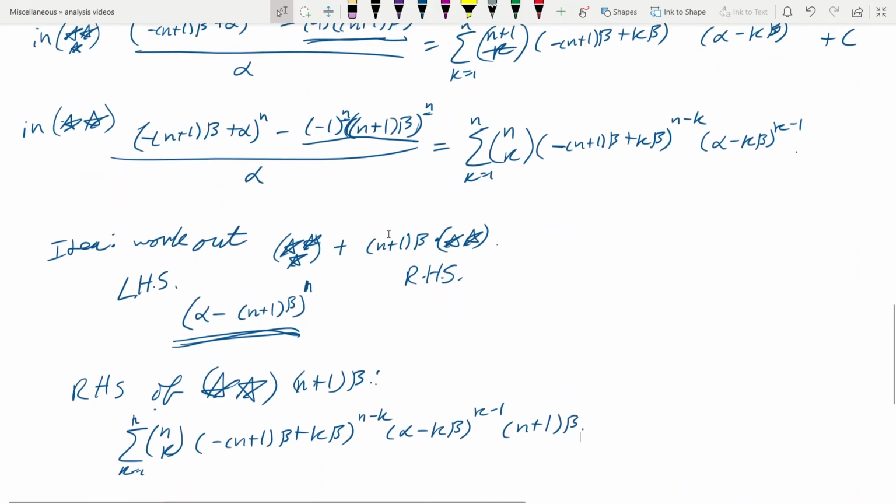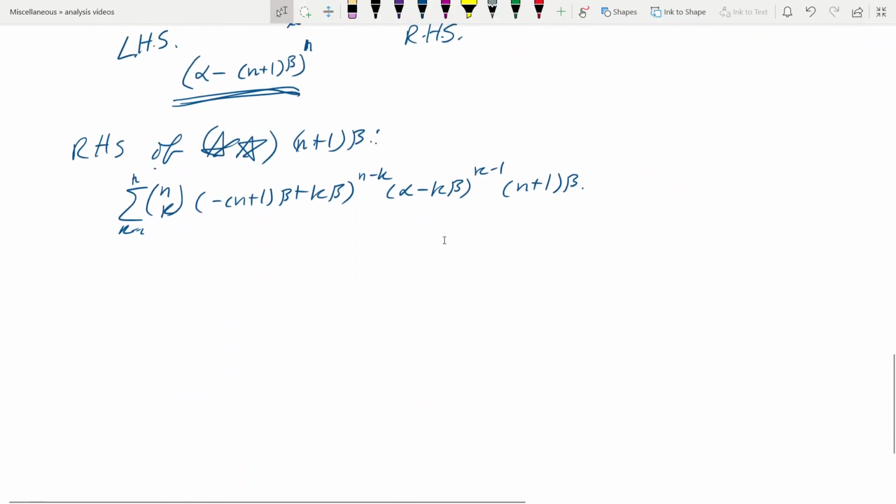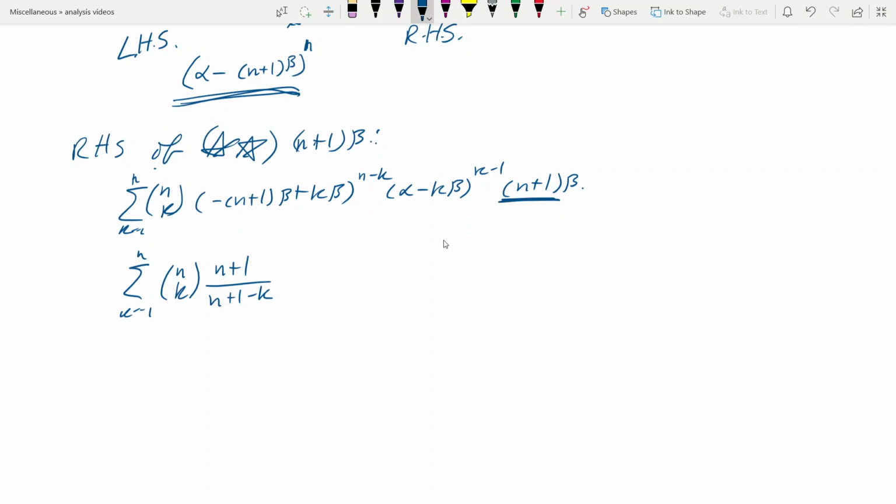Okay, well the first thing is that sum has an n plus 1 choose k, and we've done this already a couple times. To make n plus 1 choose k, we need n plus 1 over n plus 1 minus k to multiply n choose k. So we already have an n plus 1.